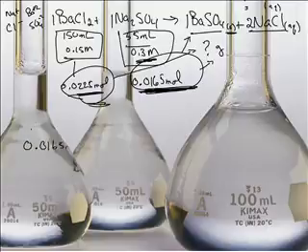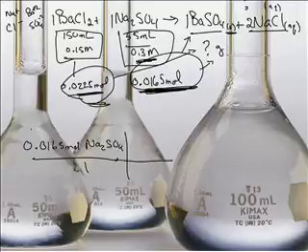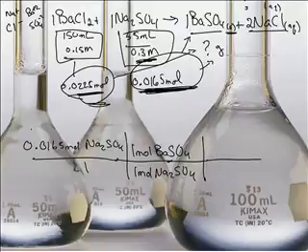0.0165 moles of sodium sulfate, Na2SO4, and then the mole-to-mole ratio being 1 mole of Na2SO4 to 1 mole of BaSO4. And now we simply do the molar mass of the barium sulfate. 1 mole of BaSO4 to the grams of BaSO4.